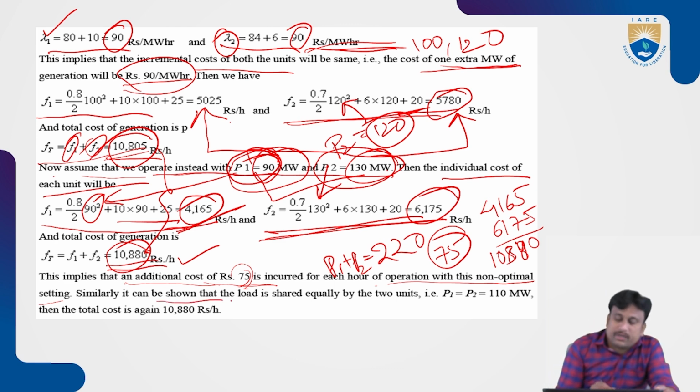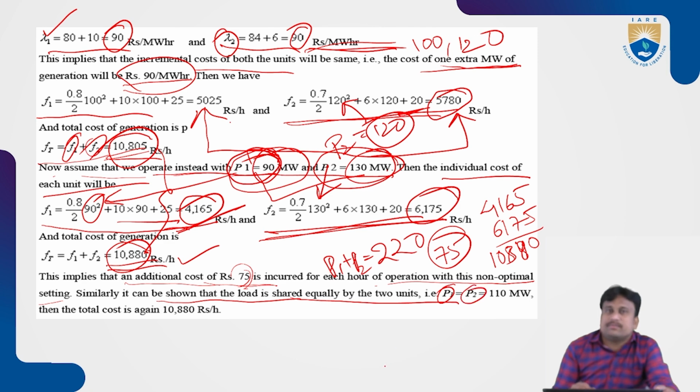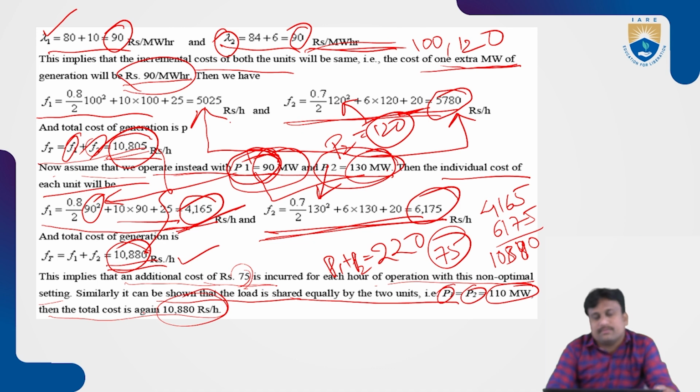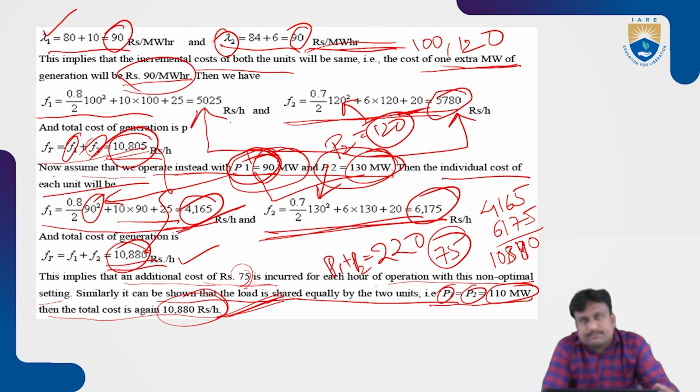It can be shown that if the load is shared equally by the two units, that means P1 and P2 are the same, each with a value of 110 megawatts, then the total cost is again 10,880. Whether the first load is somewhat less than the second, or the load is shared equally, you may obtain the same total fuel cost.